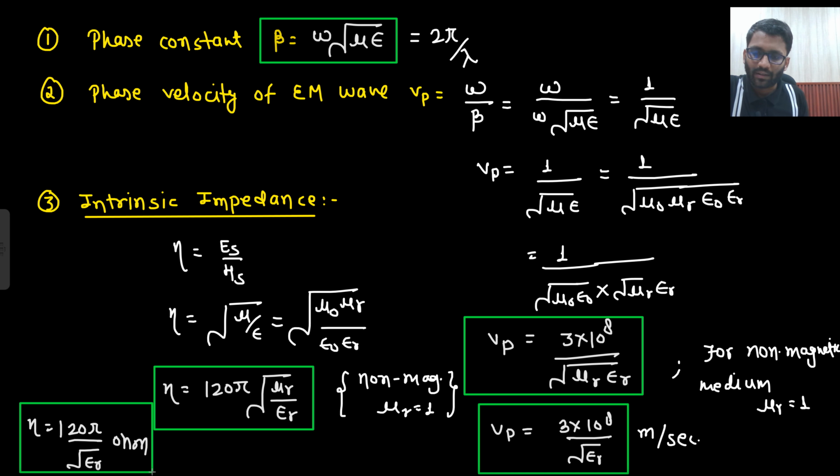This is what you are getting, eta. And the velocity here is in meters per second, which we have already written. 120 pi can be written as 377 as well, right? All these calculations you can do in your head. You will realize mu by epsilon is mu naught by epsilon naught times mu r by epsilon r, so 120 pi divided by under root epsilon r. This will be the formula.